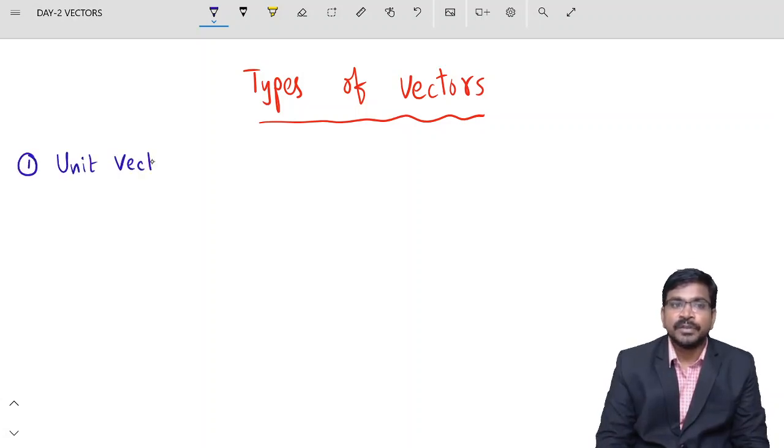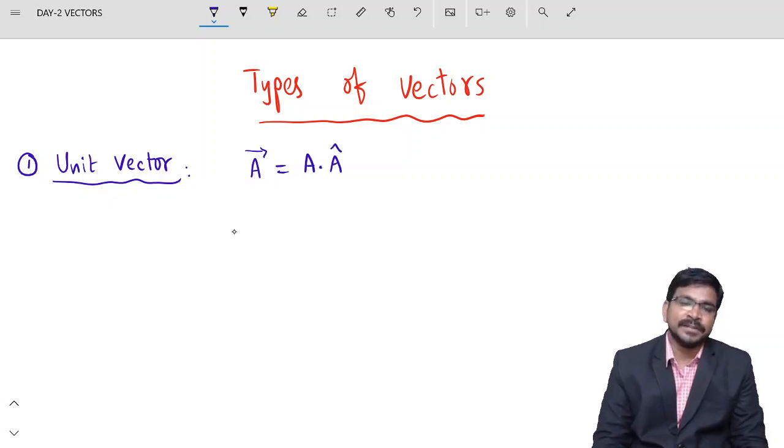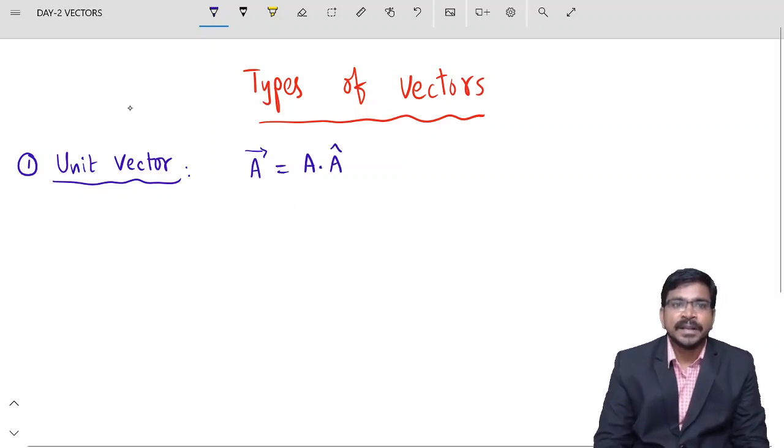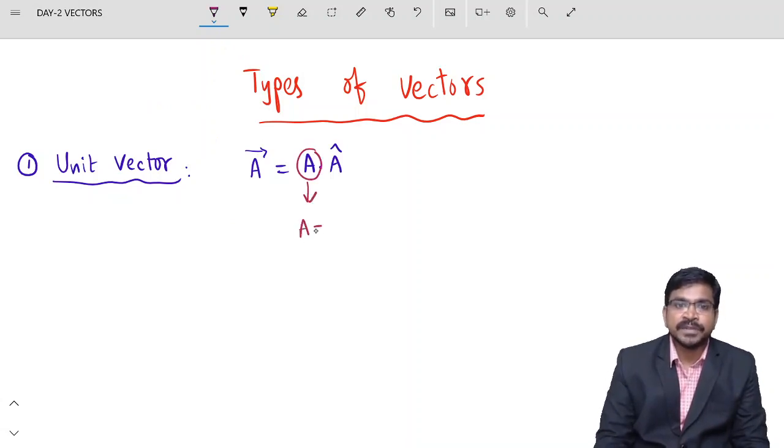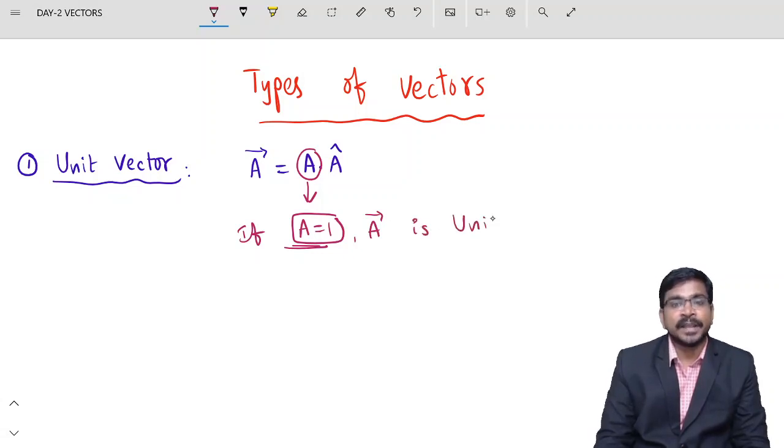A unit vector is a vector whose magnitude is 1. That means this A represents magnitude, and this A value is equal to 1. If A is equal to 1, then this vector A is a unit vector.